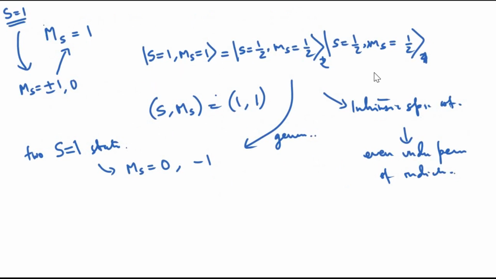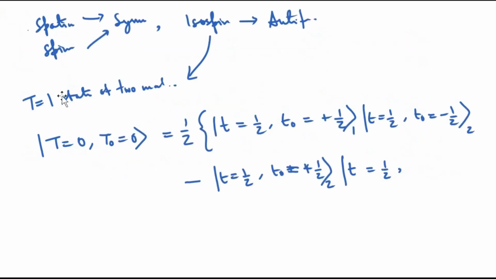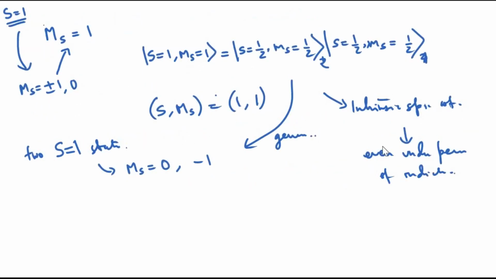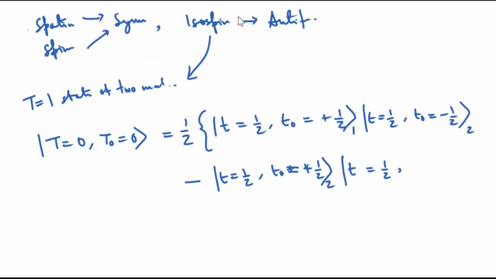Then if it is very much similar, the t is equal to 1 will be again symmetric, like the scenario over here. And remember, we want the isospin to be antisymmetric. So which one can be antisymmetric? The t is equal to 0. So right now I am writing down the wave function for this t is equal to 0 state, right? So this is what I am doing in case you are getting confused.